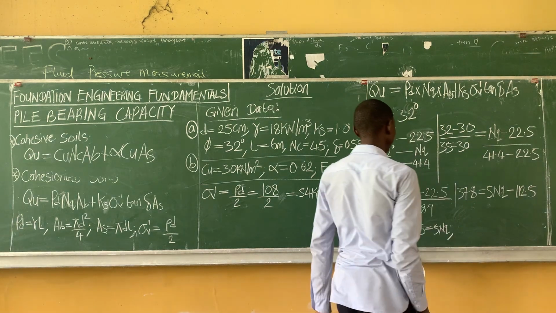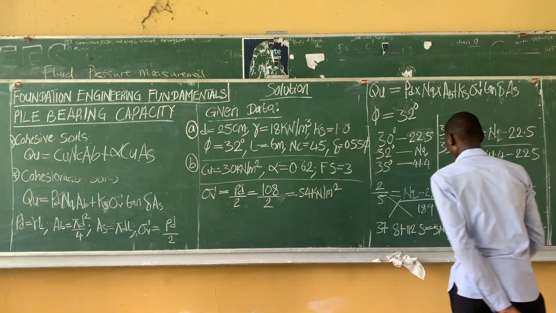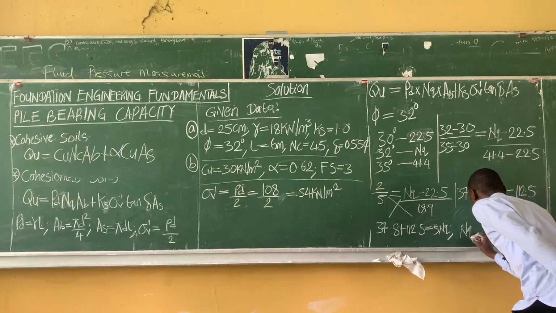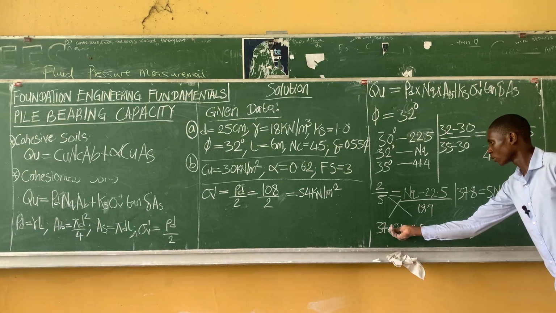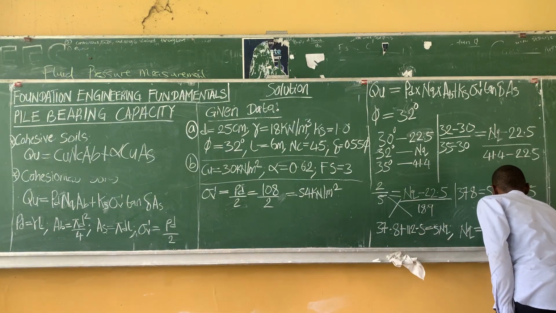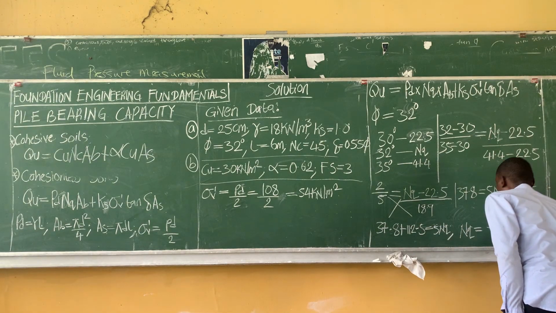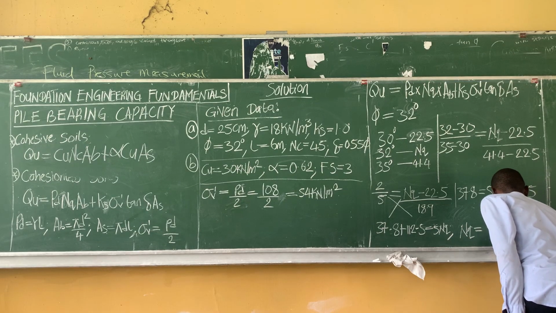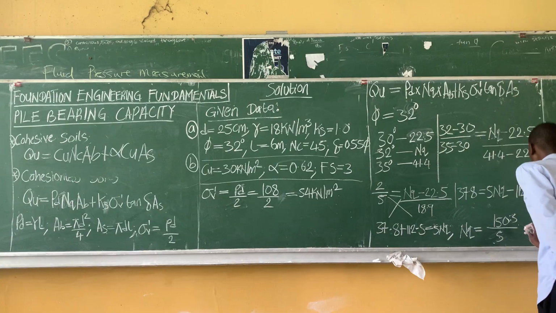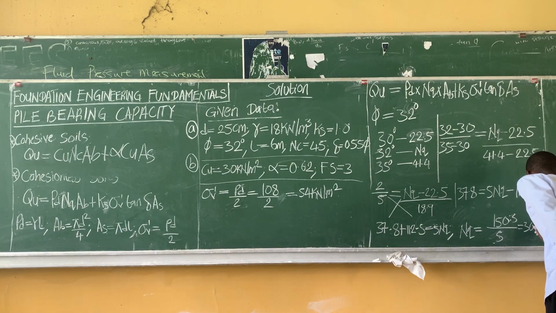So if we make NQ subject of the formula, we have NQ equal to 37.8 plus 112.5, which is 150.3, all over 5. That will give us 30.06, which is 30.1. Hence our NQ is equal to 30.1.